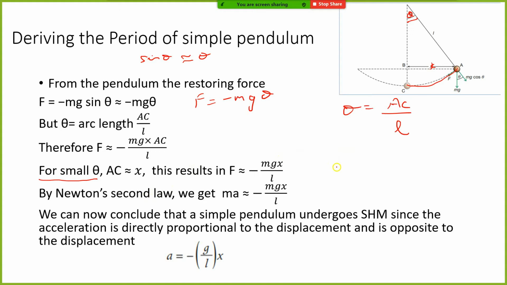From the mere fact that it is moving back and forth, some amount of force will be generated, and Newton's second law states that force is equal to mass times acceleration. So our restoring force is equal to mass times acceleration, which is approximately equal to mg times x divided by L. As you can see, the masses would cancel out, leaving us with a is equal to minus g times x divided by L.